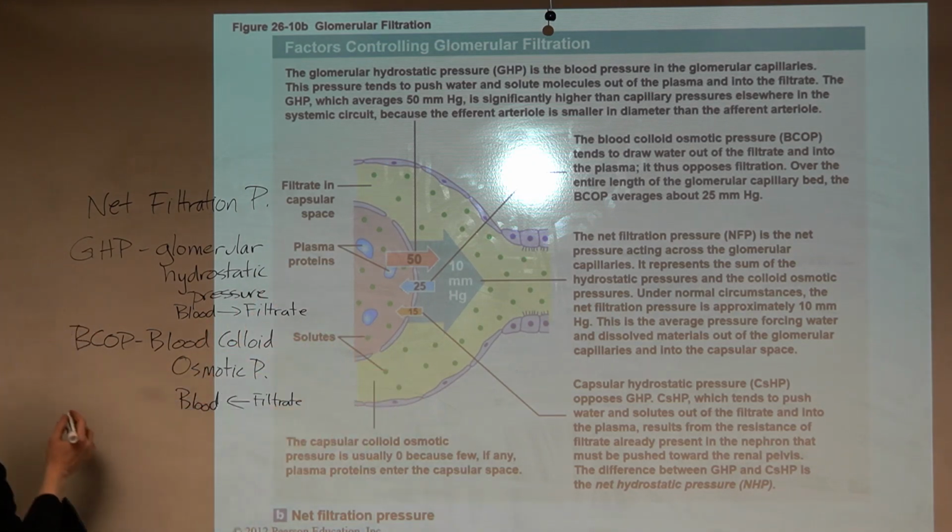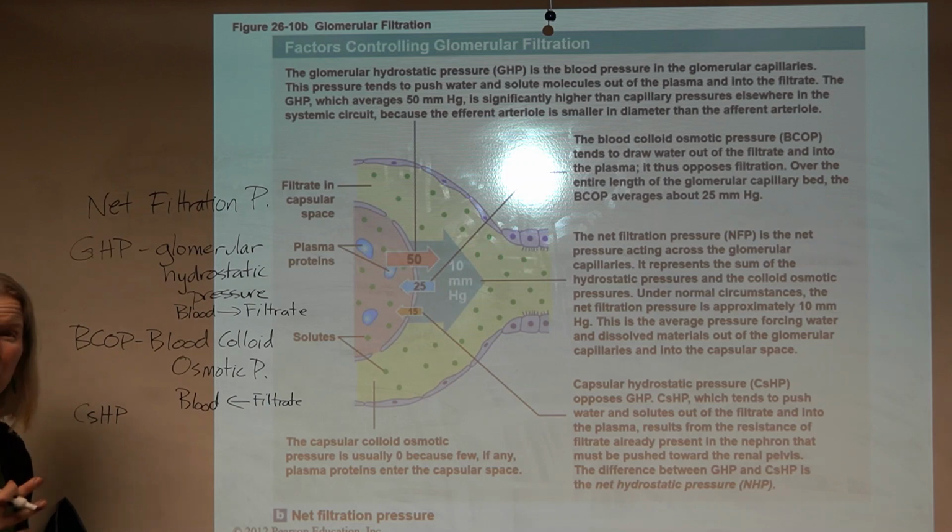And then our last one here is capsular hydrostatic pressure. They use the CS instead of C, because remember C was capillary hydrostatic pressure, so this is capsular hydrostatic pressure.